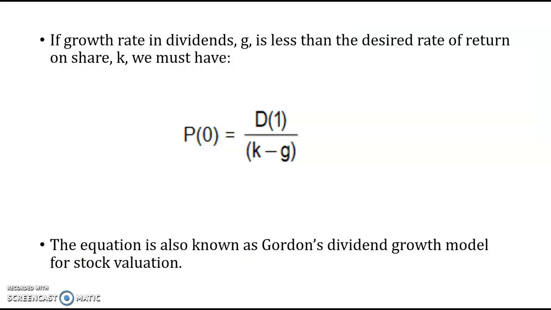If the growth rate in dividends G is less than the desired rate of return on share K, we must have this equation: P naught is equal to D1 divided by K minus G. You have used this formula while studying business finance or financial management, because it is known as Gordon's dividend growth model for stock valuation.